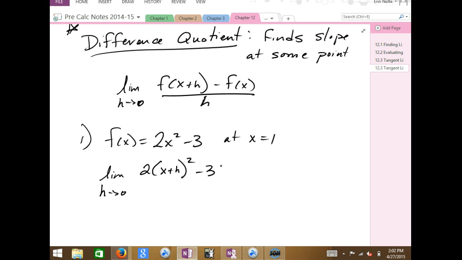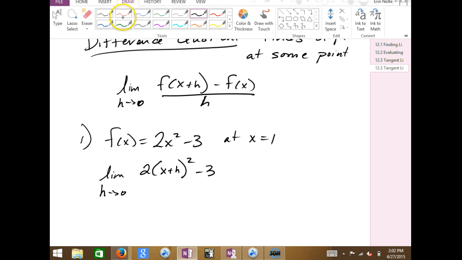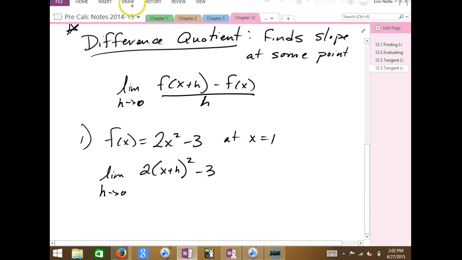No, you were right. That's exactly what I just did. Okay, so I took the x plus h, right? And I plugged it straight into there. Right? You see that? Okay, so the rest of this says now minus f of x.